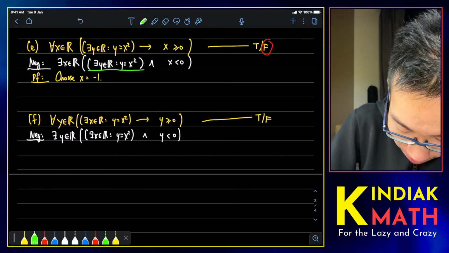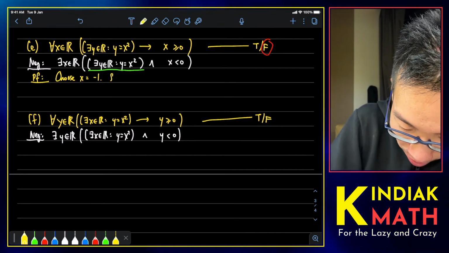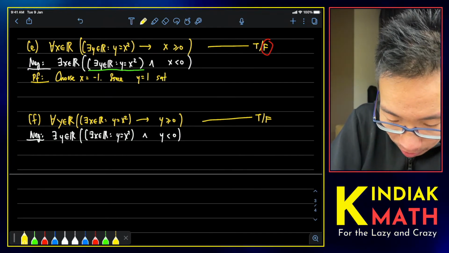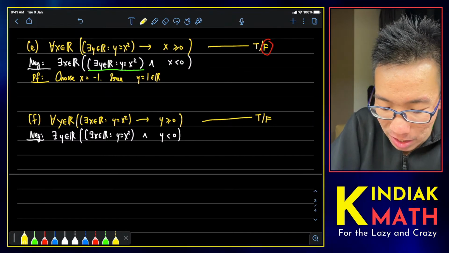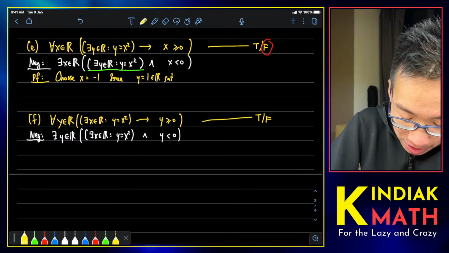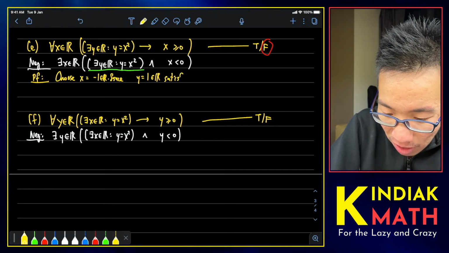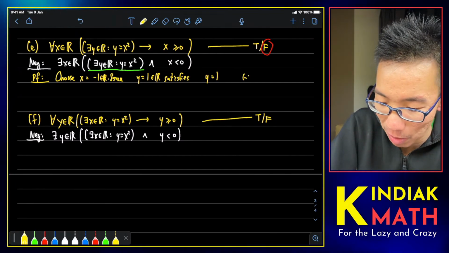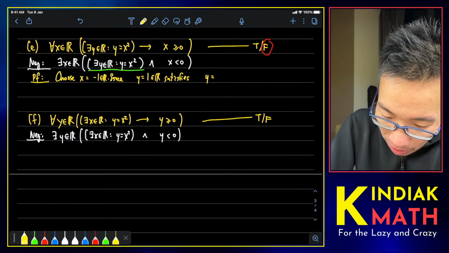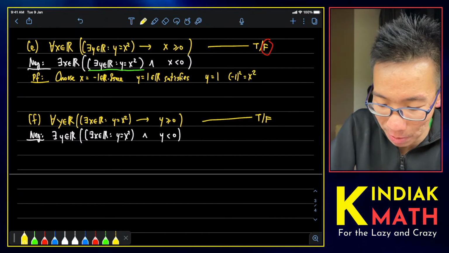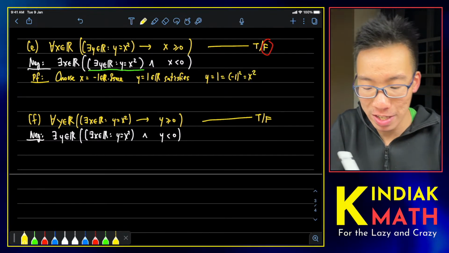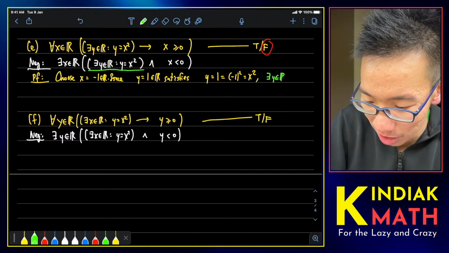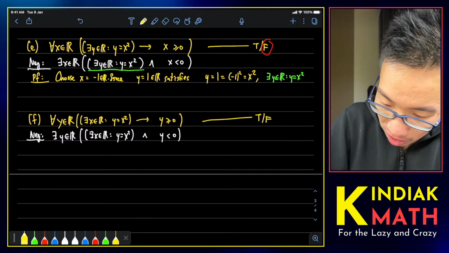Because y equals 1 is a real number, and, let's be precise here, y equals 1 and -1 squared equals x squared. Since y equals 1 satisfies this, the statement there exists y in R such that y equals x squared is true.